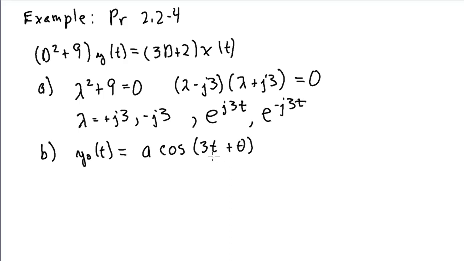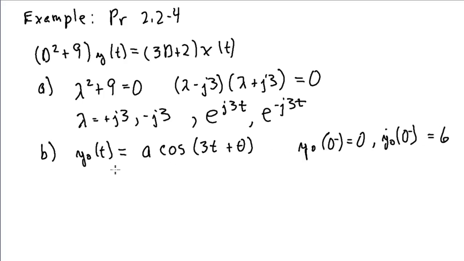Okay, so again, it's important that, because there are two modes, we will have two unknown constants here, A and theta in this case, and we're given the initial conditions. y0 at 0 minus is equal to 0, and the first derivative at 0 minus is equal to 6.